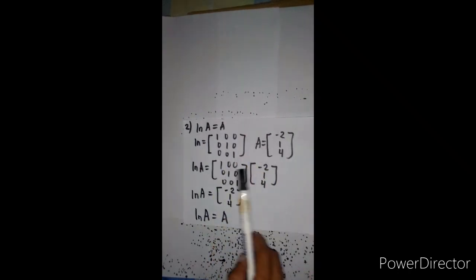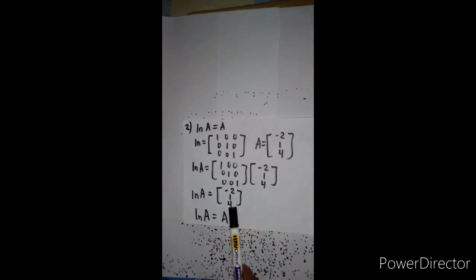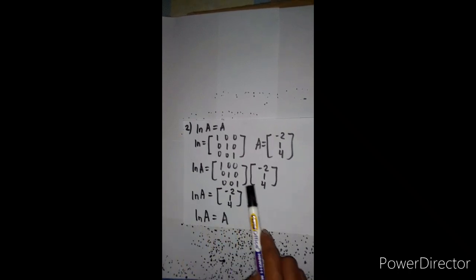By multiplying these two matrices, we get a value of negative 2, 1, and 4. Just like what you observe, they are the same as the value of matrix A. So we can say that I subscript m multiplied by A is equal to A. That is our Theorem 2.4, which is the properties of identity matrix.